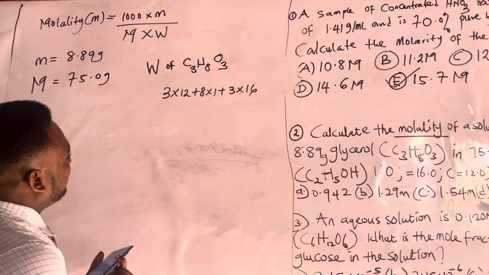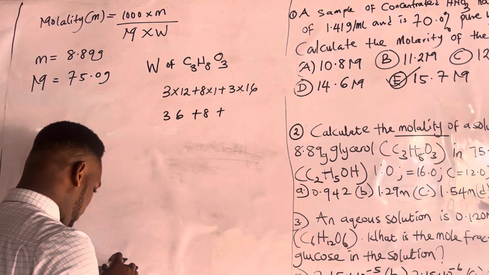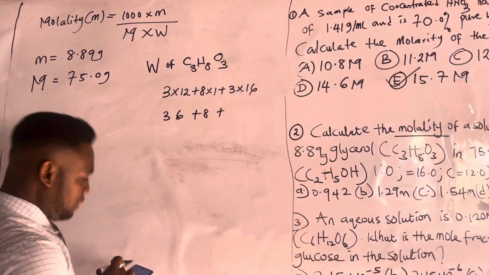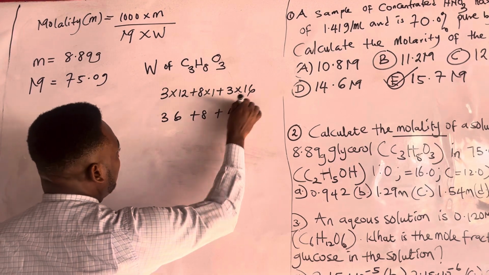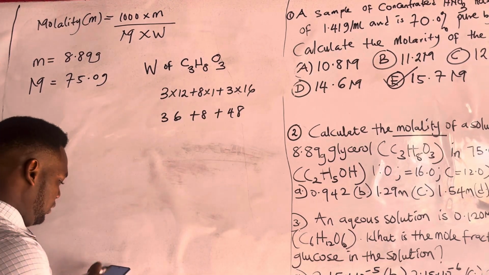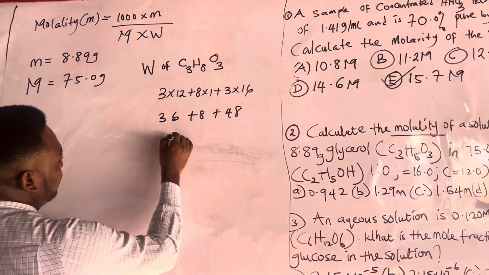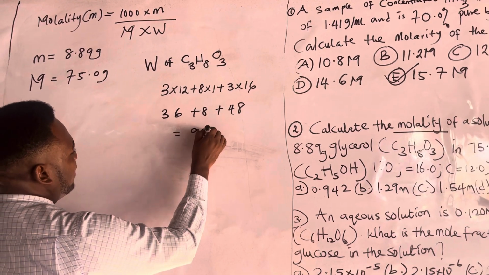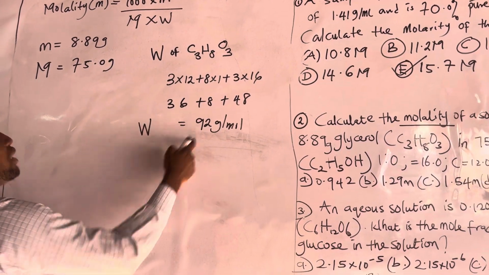So we're having it as 36 plus 8 plus 48. If we sum this, we'll be having 92 grams. So this gives us 92 grams per mole.